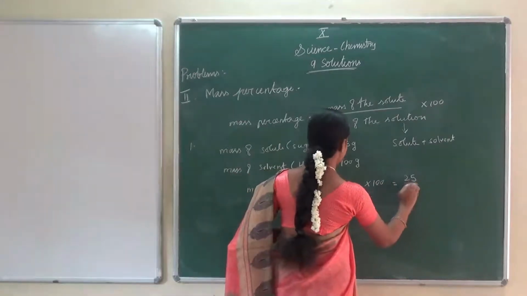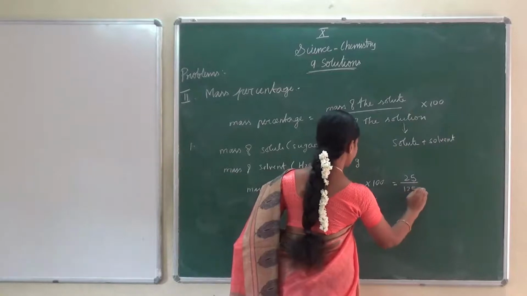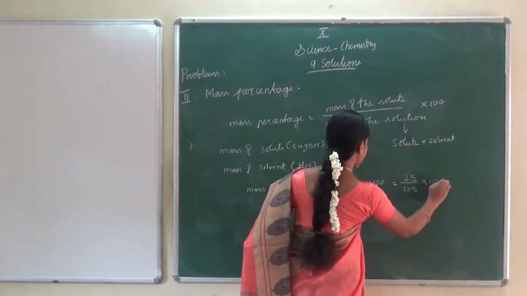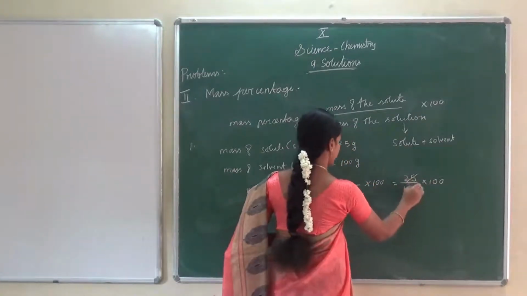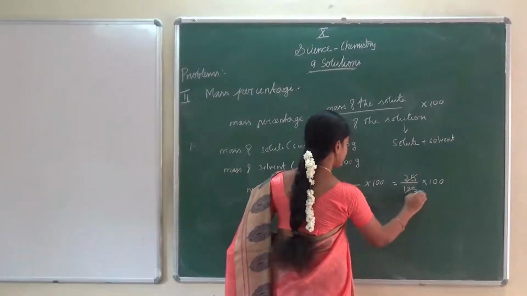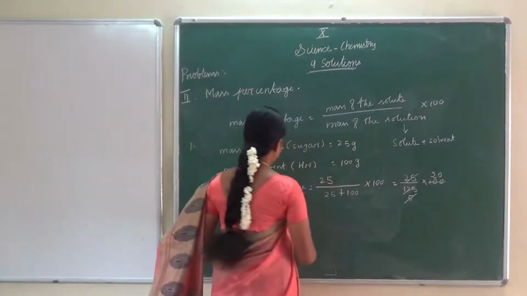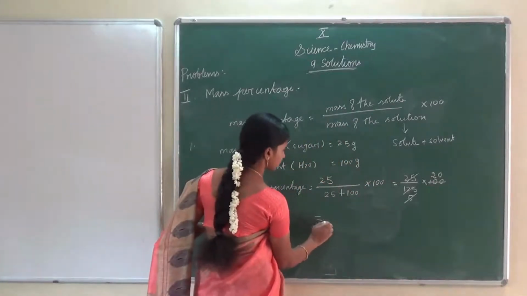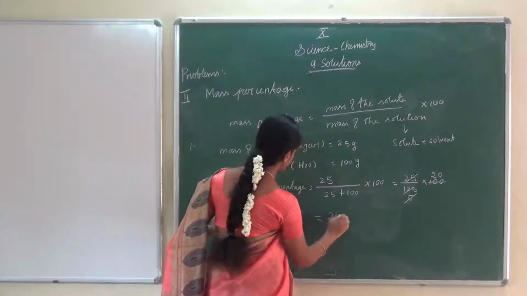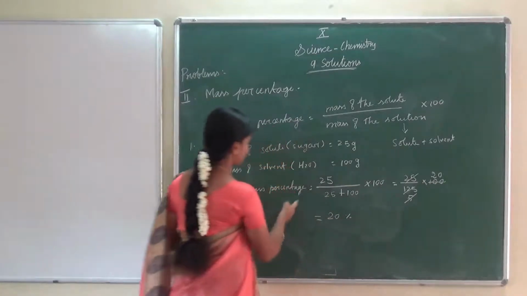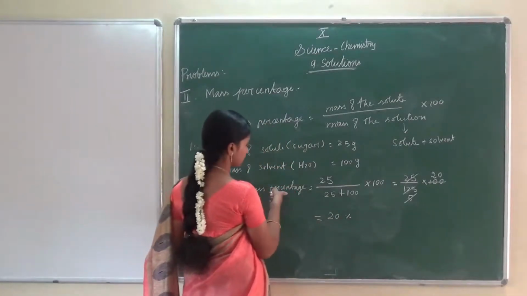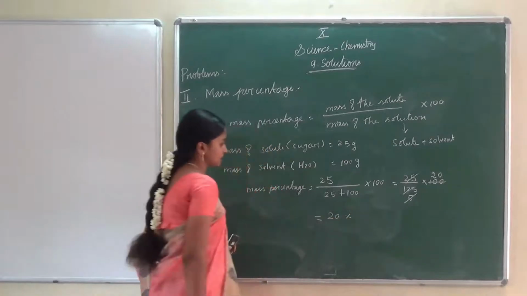So 25 divided by 125 into 100, 1 by 5, next here it is 20. Okay, so mass percentage is equal to 20%. Now it is mass percentage, so we have bracketed percentage.